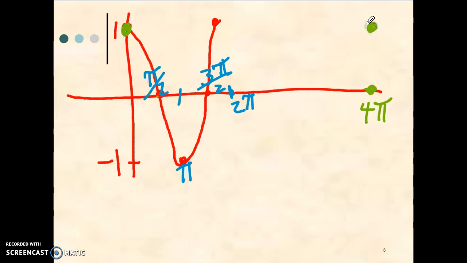Okay, now if you look at the red graph, at halfway, which is pi, where's cosine at? It's at -1. So what's halfway between 0 and 4 pi? It would be 2 pi. So that would be at -1. And then go back and look at the red graph. Halfway between 0 and pi, it's at 0. Just like halfway between pi and 2 pi, it's at 0. So what's halfway between 0 and 2 pi? Be 1 pi. And then halfway between 2 pi and 4 pi would be 3 pi. And that's at 0 also.